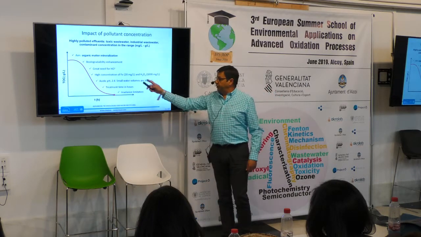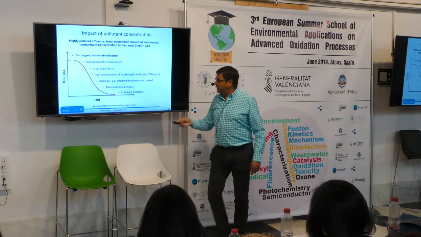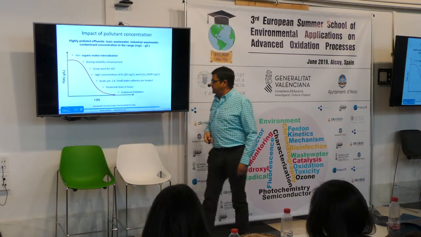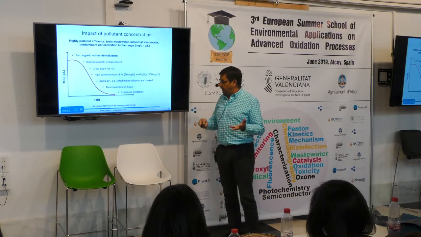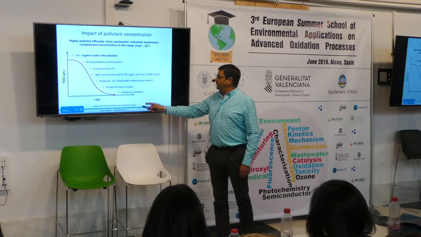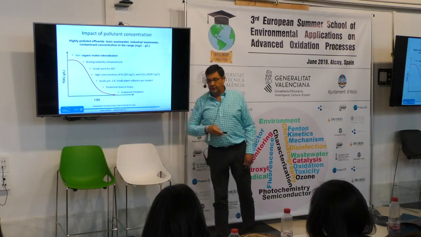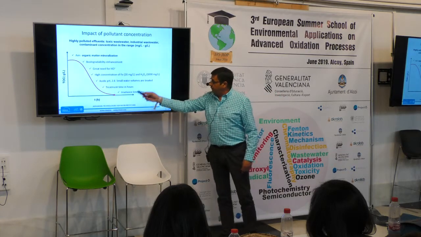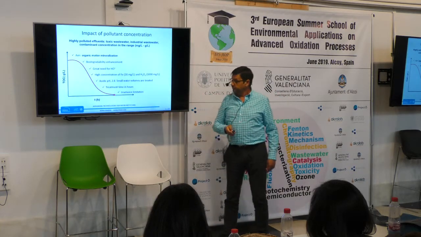As we treat a small volume of water, in industrial water, we can work at acidic pH. The treatment time is measured in hours, and we're working with high concentration of the light absorbing species. Normally, we work under irradiance limitation.